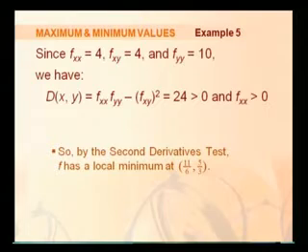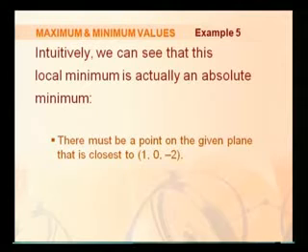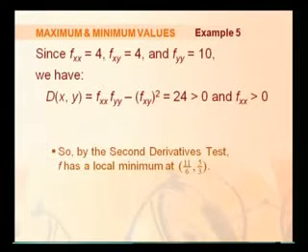By evaluating fxx, which is equal to 4, fxy, which is equal to 4, and fyy, which is equal to 10, we can evaluate these values very easily and put all these values in our second derivative test. So we'll get D is equal to 24, which is greater than 0, and also fxx is greater than 0. So by the second derivative test, f has a local minimum at the point (11/6, 5/3). Okay, so the shortest distance is at the point (11/6, 5/3).